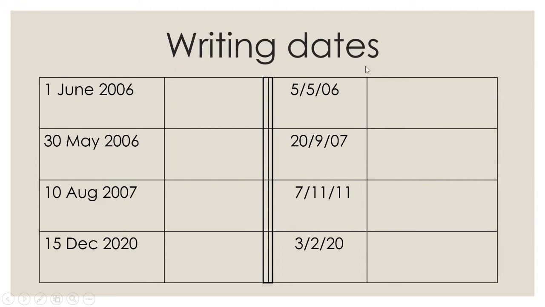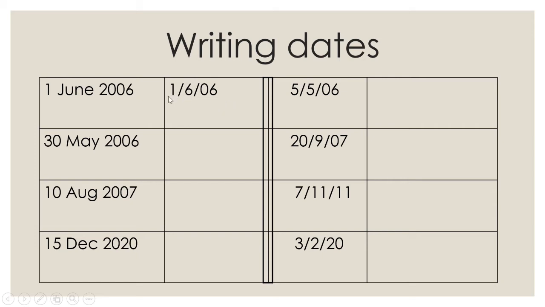Writing dates. This you have been doing since class 1, so I'm sure all of you are very familiar with this. Children, we can write dates like this: 1st June 2006, or we can write the date like this: 1/6/06.